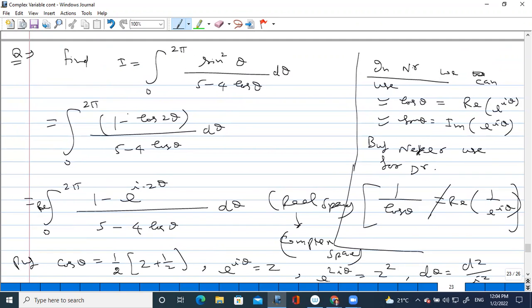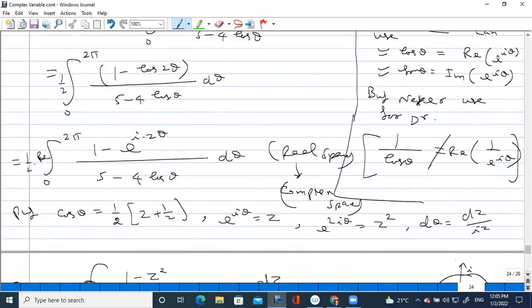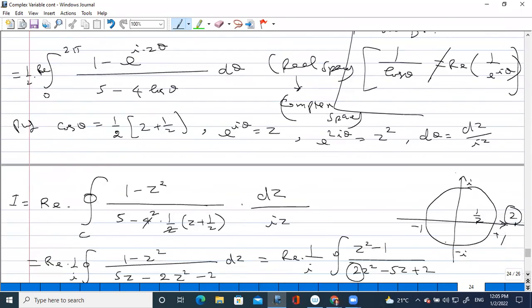Understood? To make that 1 by 2, I have to add here, and that 1 by 2 will be everywhere. So 1 by 2 will also be here.